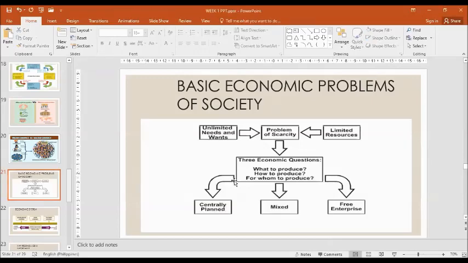So after the three or four economic questions, it affects what kind of economic system we have. An economic system is an organized way in which a country allocates resources and distributes goods and services across the whole nation or a given geographic area.